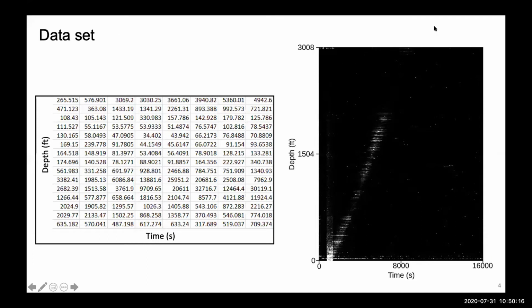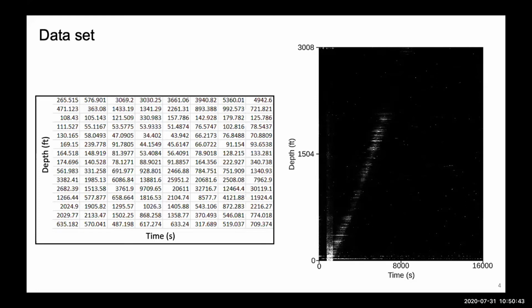So the data that I was working with came in the form of very large matrices with depth and time, and each cell shows the acoustic sensor data for that specific depth and time. And I actually worked with the Fourier transform output of the original data.